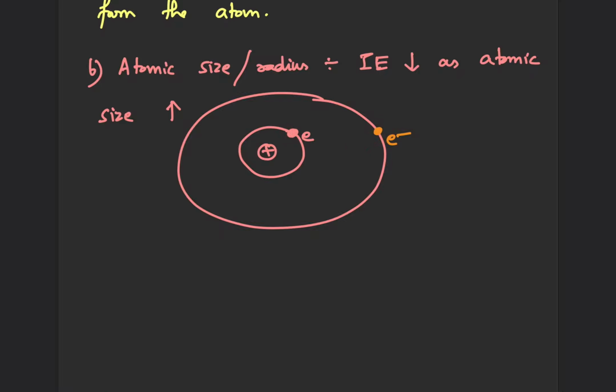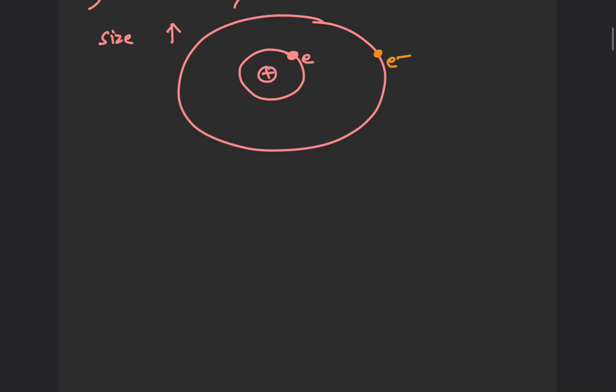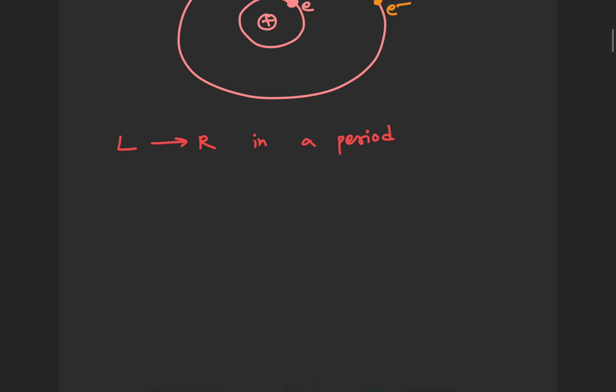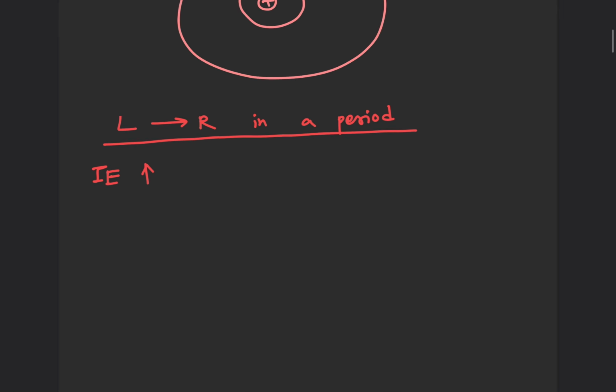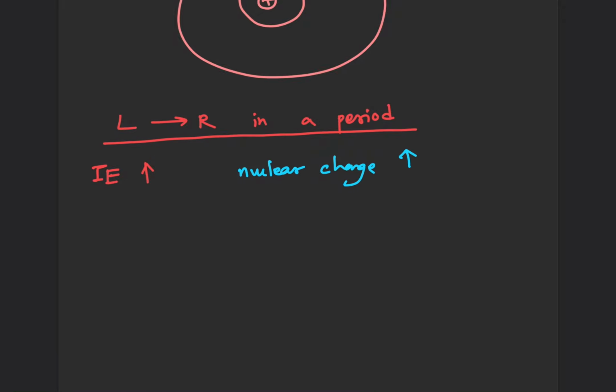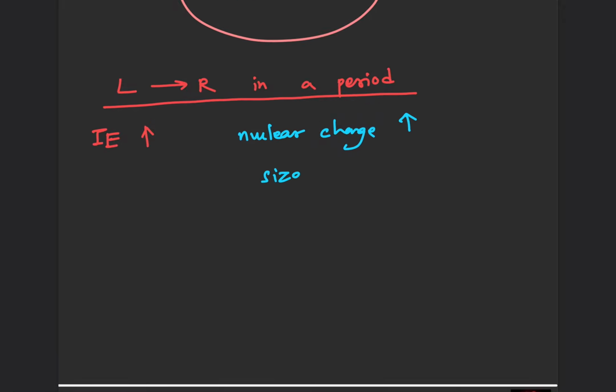Okay, so in general, as we move from left to right in a period, ionization energy or ionization enthalpy increases because when we go from left to right in a period, the nuclear charge increases as the atomic number is increasing, and also the size decreases.